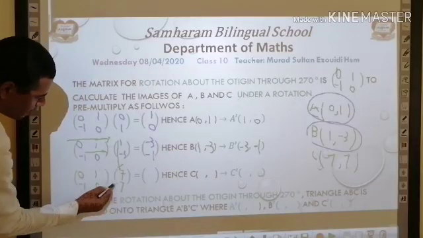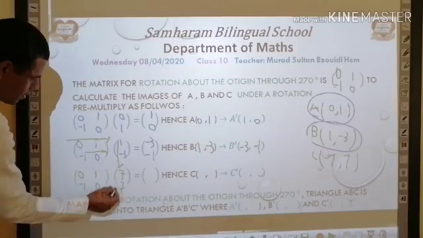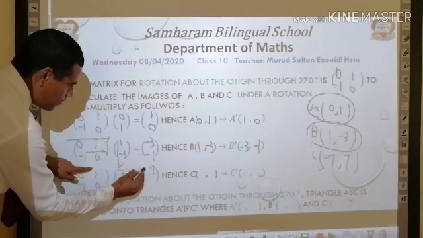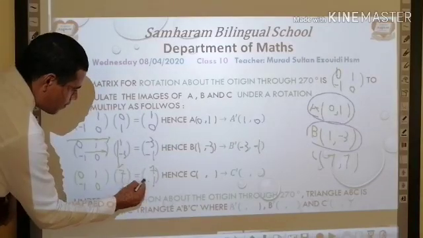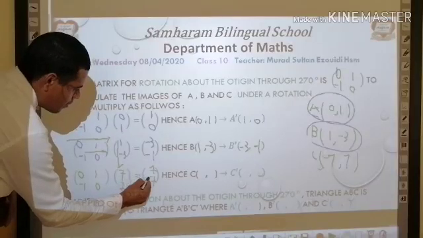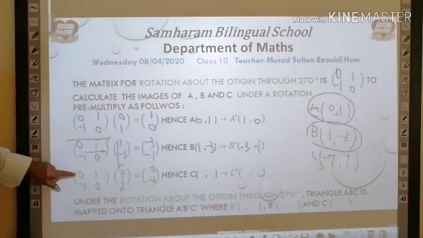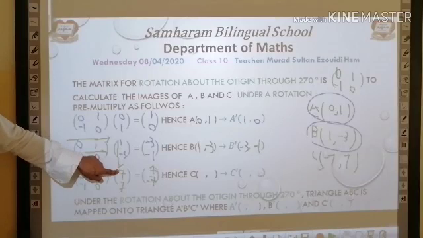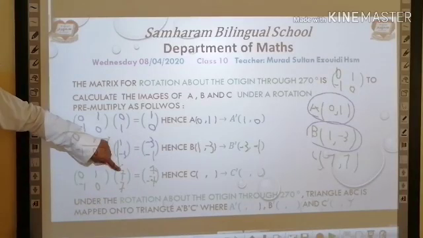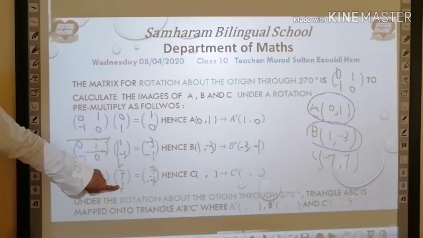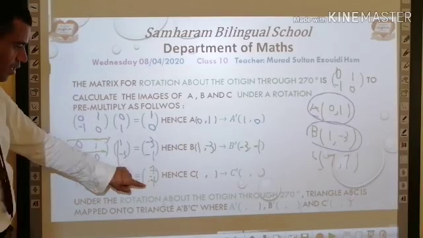Now we multiply this, it will be 7, and this one it will be negative 7. Why negative 7? Because 1 multiplied by 7 is 7, plus 0 is 7. Then negative 1 multiplied by 7 is negative 7, plus 0 multiplied by 7 is 0, so negative 7 plus 0 is negative 7.